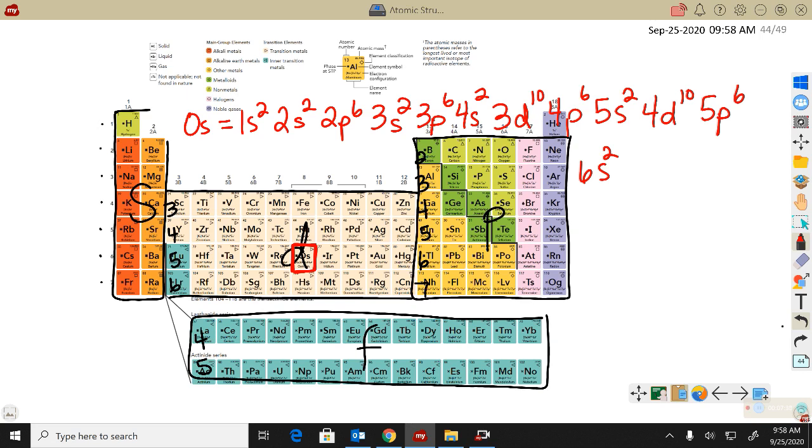But here's 57. So at the way bottom in the 4f, lanthanum all the way across to ytterbium gets me to number 70. So that's 4f14. But now do you see 71 is back up in the periodic table?